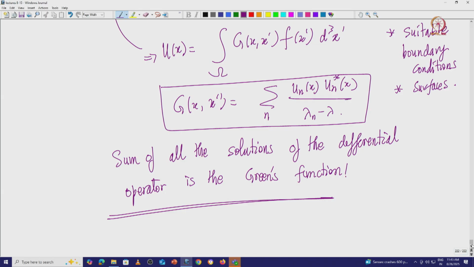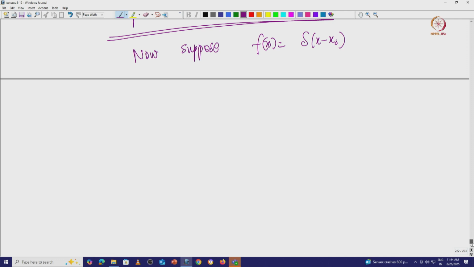Now suppose f of x is a delta function. Okay, then using this relation, u of x will just become the Green's function, okay.